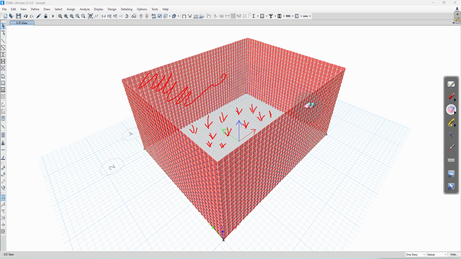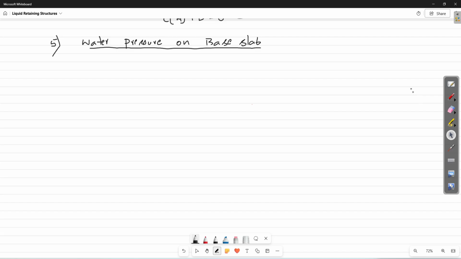So how is it calculated? See here, it is calculated as gamma W into H. Gamma W is the density of water, 10, and H is your height of the tank. So it will be 50 kilonewton per meter square.